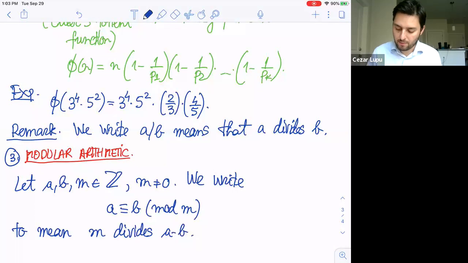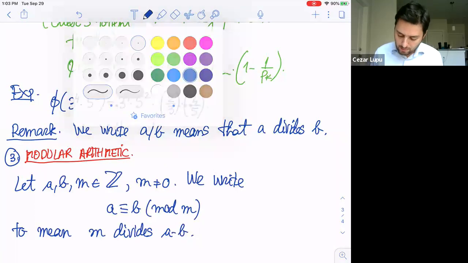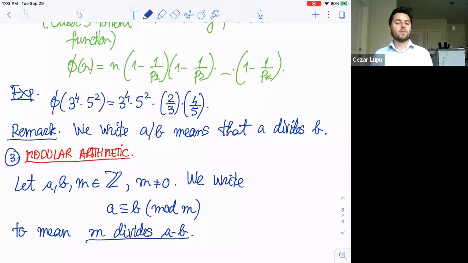So that's what it means. Keep that in mind. Instead of saying that m divides the difference between those two numbers, I will write it as a congruent b mod m. Congruence is an equivalence relation, so it's reflexive, transitive, and symmetric.